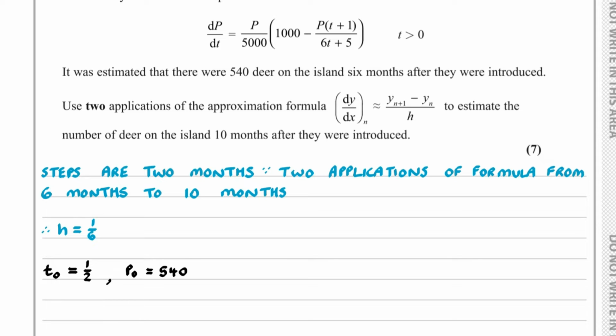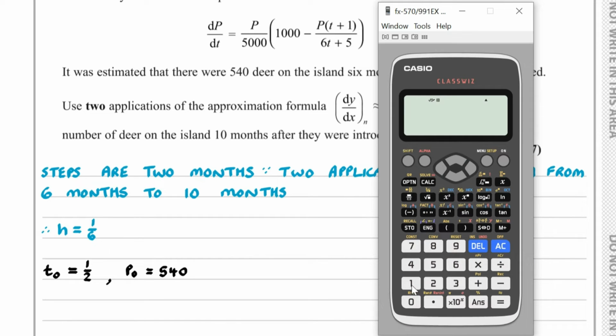Now, if we take this 1/2 and add to this 1/6, we get 2/3 for the value of T1.